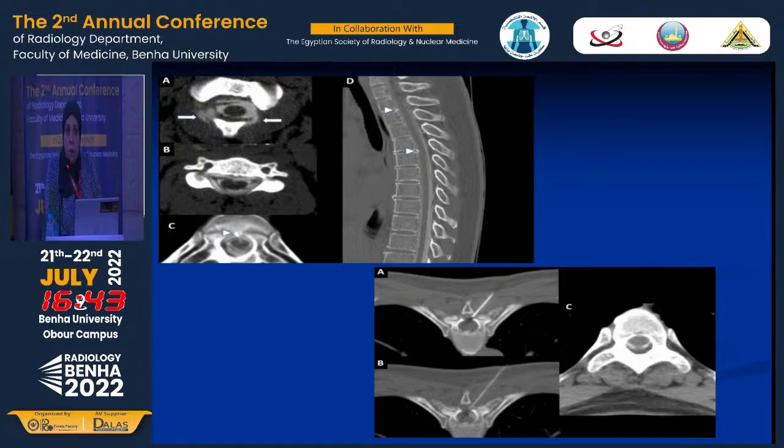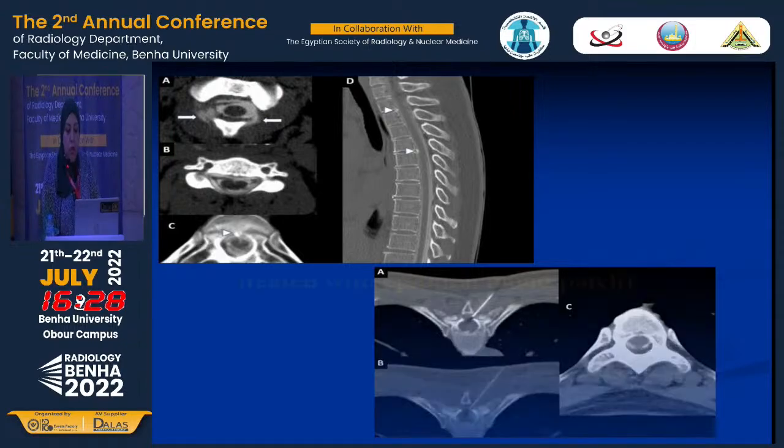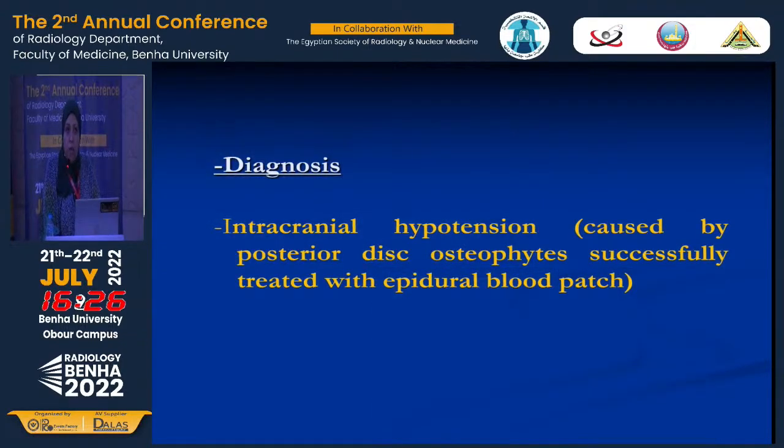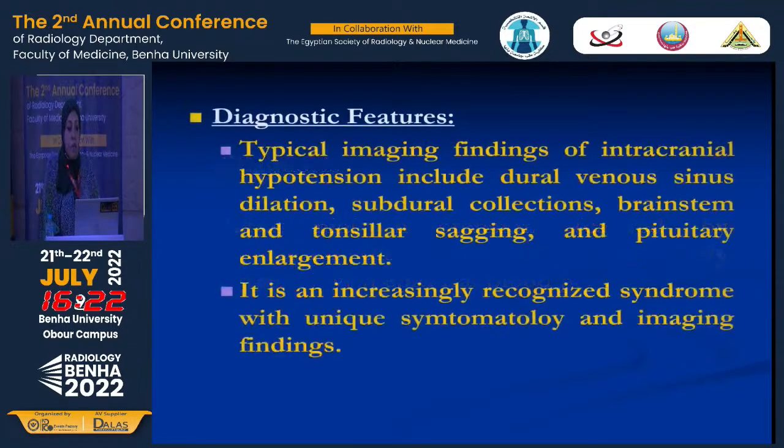Why is this case an emergency? Because it is in need of immediate CT-guided blood patch repair, or even immediate surgical repair of the dura. So intracranial hypotension is an emergency situation, and it is increasingly recognized nowadays with unique symptomatology and imaging features.